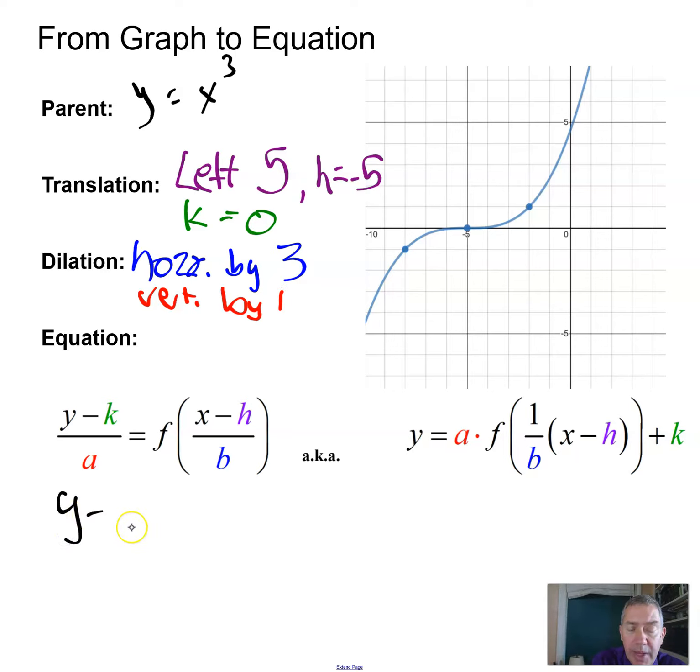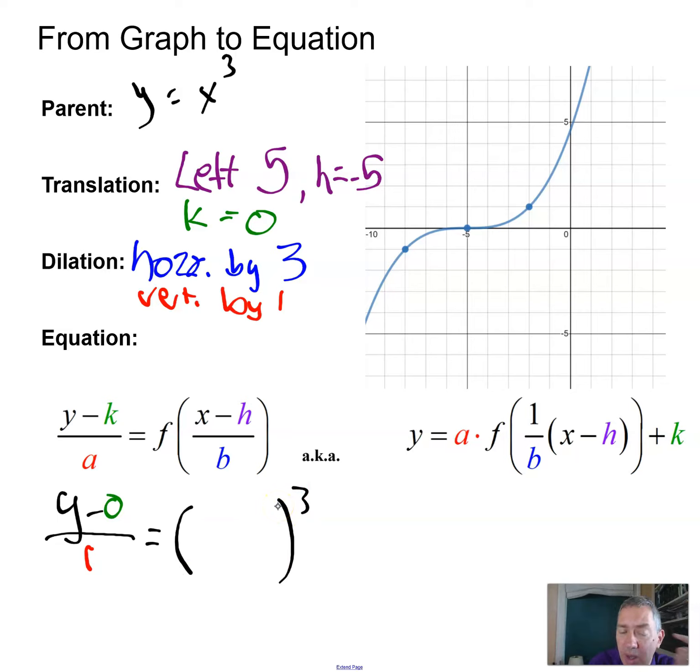y minus k is 0, so y minus 0. It's not going to be a huge important thing. Divided by a is 1, equals the function. In this case, the function is cubed.